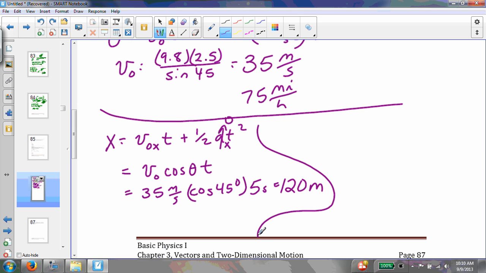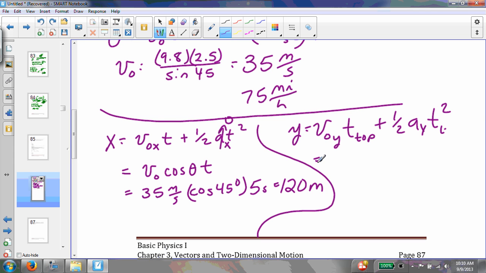Now we can also find the y range. That is, how high does it go? Y is equal to v naught y times t. But notice here that I'm going to use t top because I want to know the position at the halfway point, the position at the top of the trajectory, plus 1/2 a_y t squared, which is t top again.